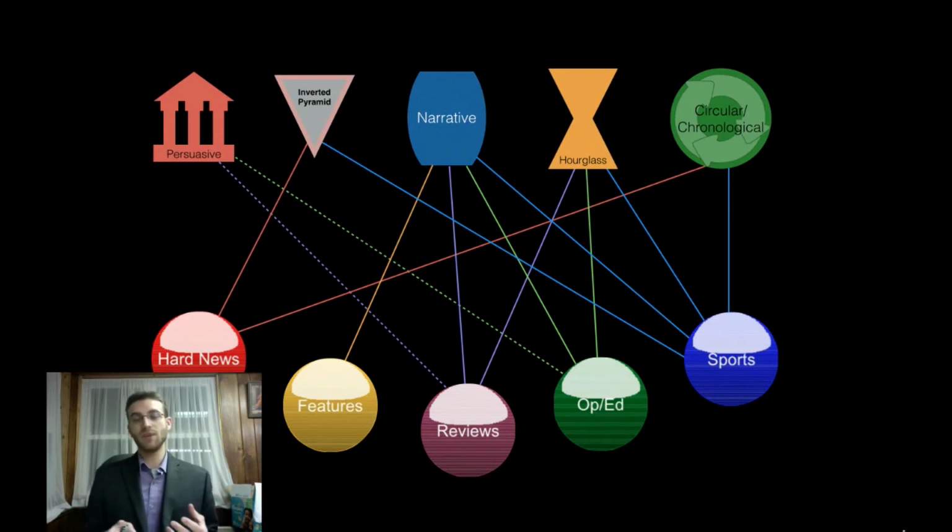Or you might be writing an opinion or editorial article about whether you think this team has what it takes to make it all the way this season. You might be writing about using a narrative or an hourglass approach for that as well. Or you might be doing play-by-play, in which case it's really important to have a circular chronological structure, or else you won't be able to tell what play came before what other play. So these are usually the ways to go.